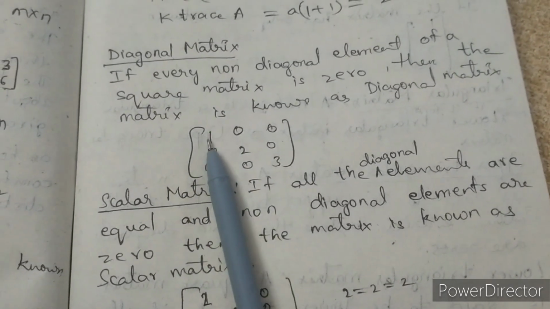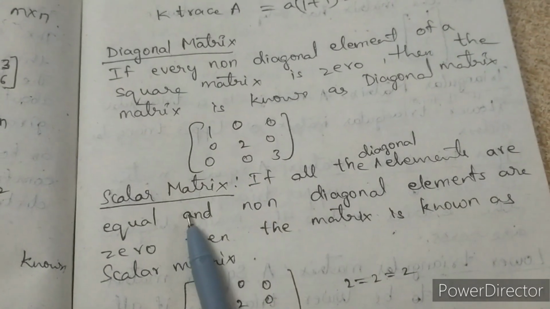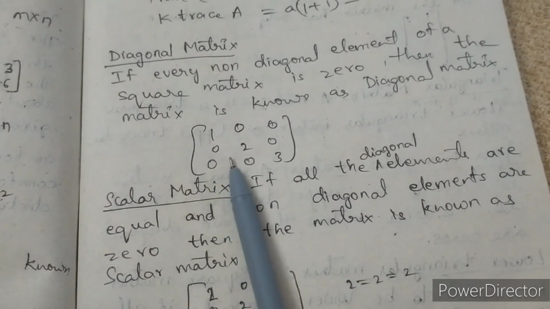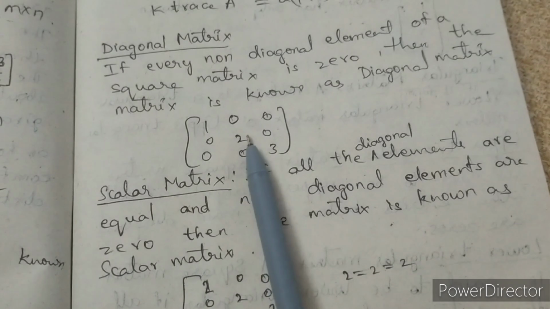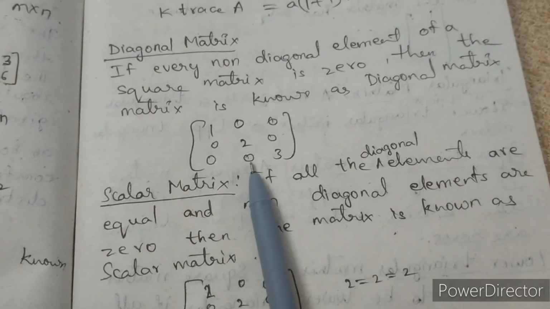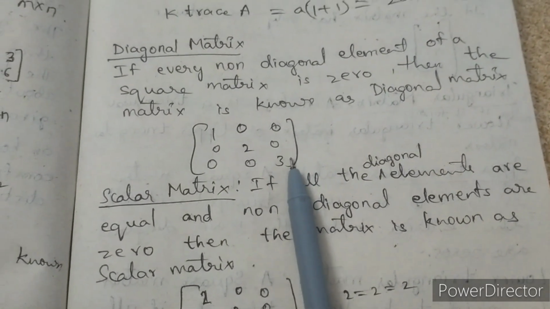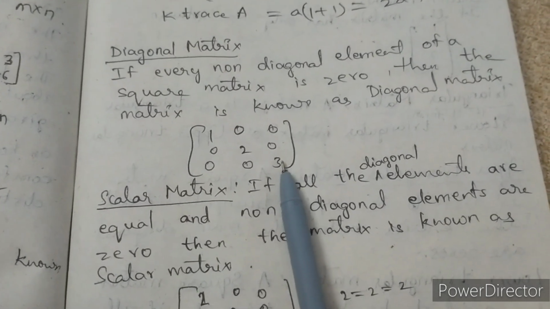Only the diagonal elements can have different values, and all the other elements should be 0 on the top as well as on the bottom. Such a matrix is said to be a diagonal matrix. Obviously, a diagonal matrix is a square matrix.